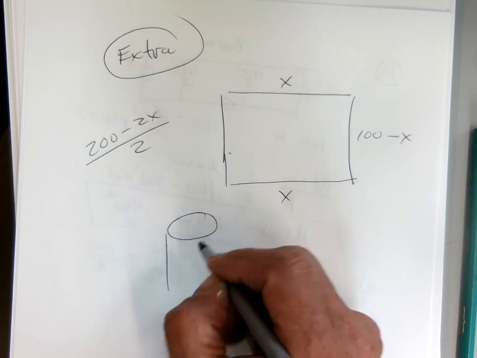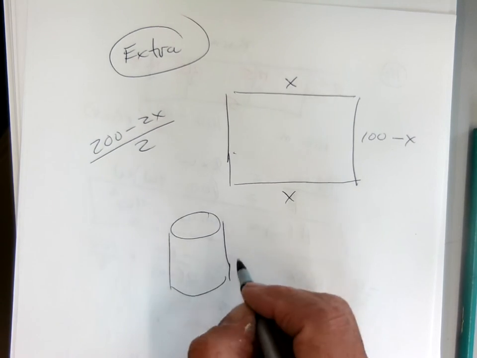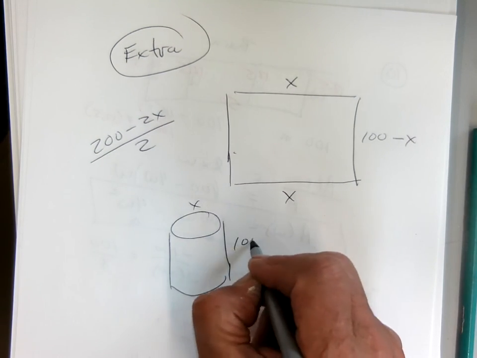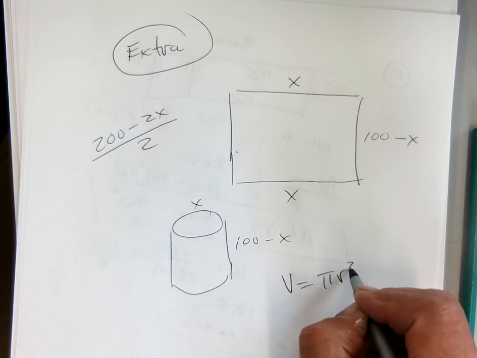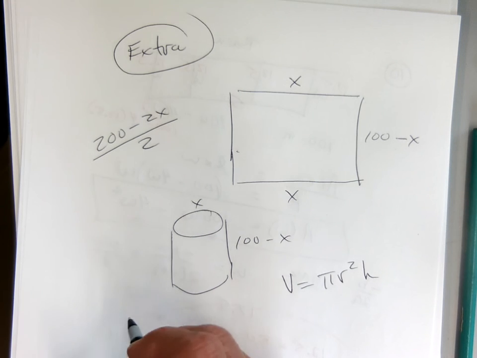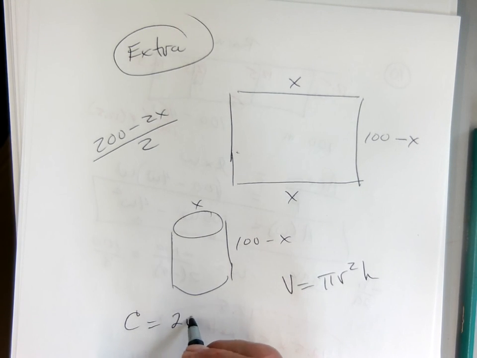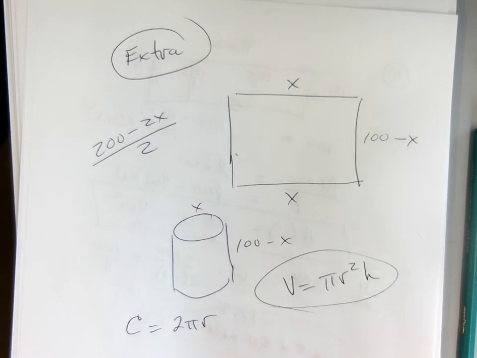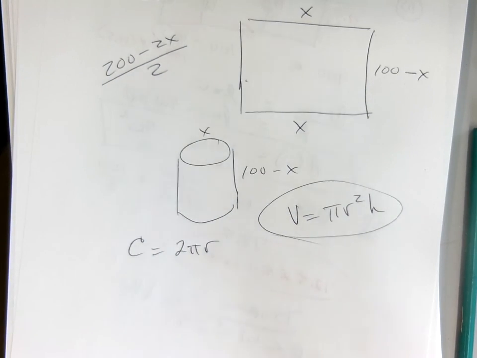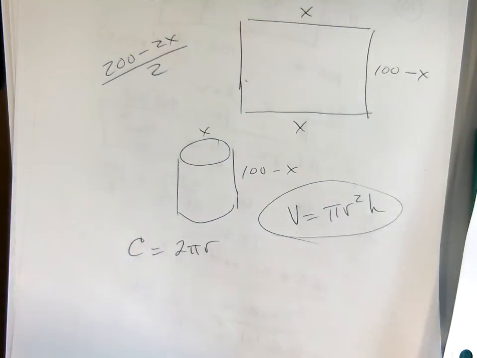We roll it up. We've done this one, right? X times 100 minus x. Volume is pi r squared h. Circumference is 2 pi r. You need to get everything in terms of x's and then use your graphing calculator, okay? If we've done that one, it's somewhere in your notes if you want to look it up, okay?